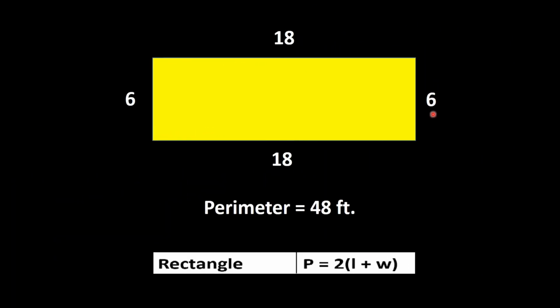So these are the sides of the rectangle. The width is 6 feet and the length is 18 feet, which is 3 times the width. Adding the distances of this rectangle gives the perimeter of 48 feet.